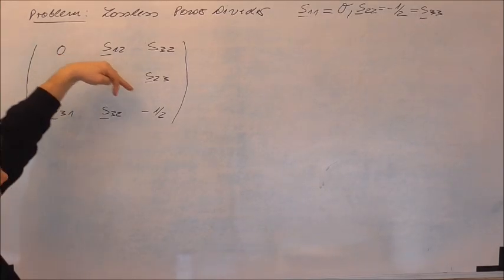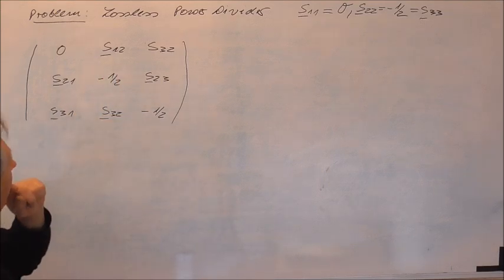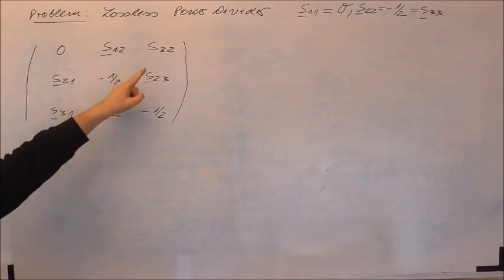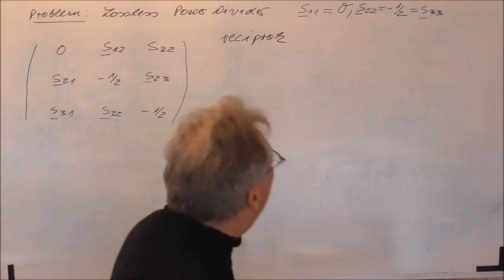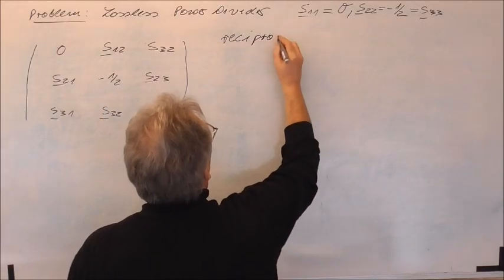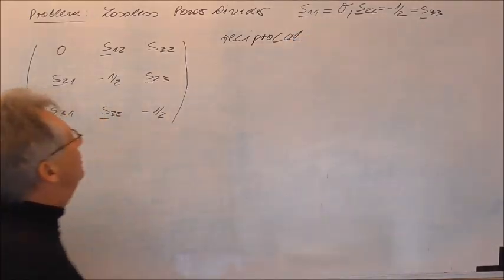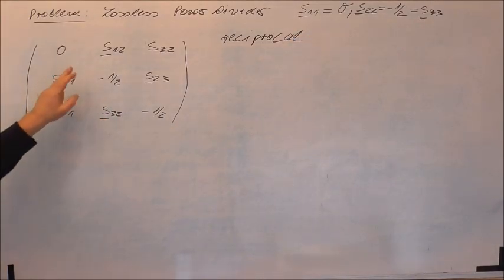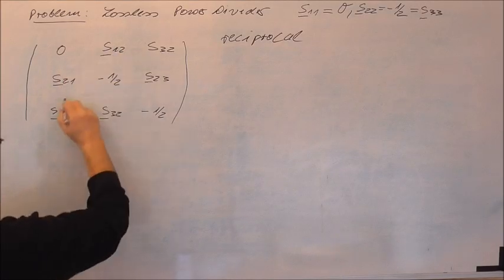We already know these elements of the main diagonal. Of course, since we have a passive component, it's reciprocal. This again means that these elements are the same.